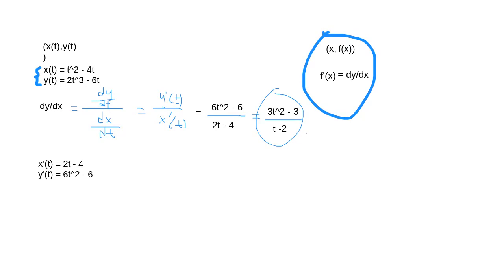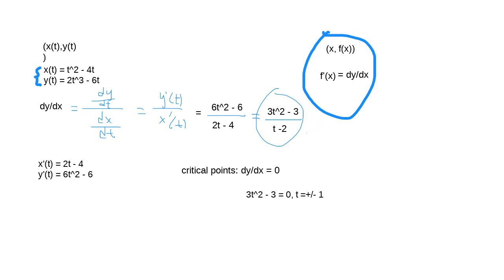First, the whole thing dy over dx equals 0. When does dy/dx equal 0? The numerator is 0, which means 3t squared minus 3 equals 0. So we solve, we get t equals plus or minus 1.